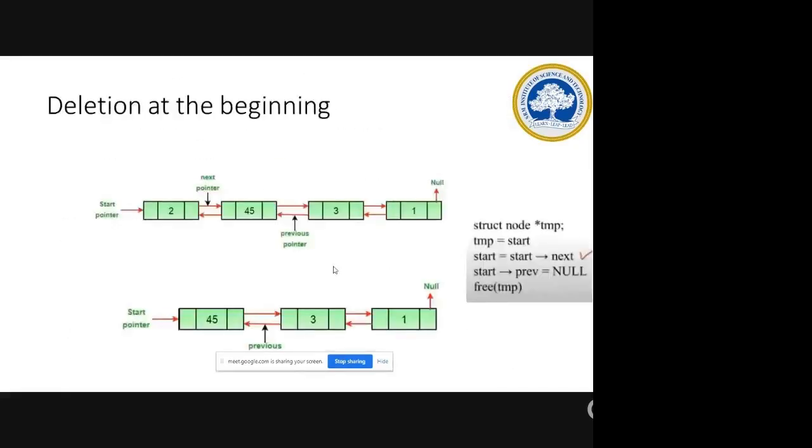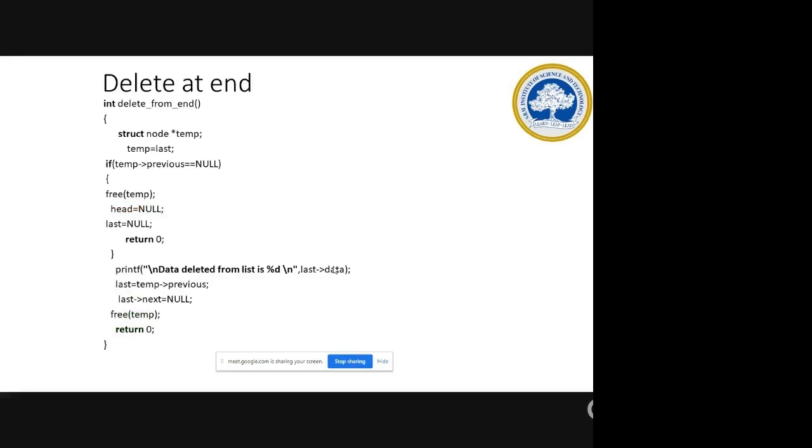The last's next should be null. That is, when you delete the node at the last, the previous node of the node which is being deleted should point to null. So that is what you have to follow here also.